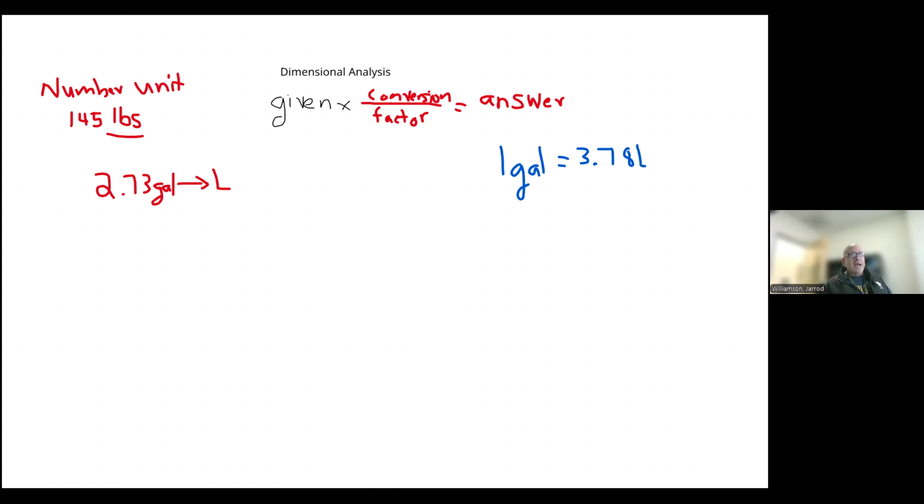This means exactly, and this is 3 sig figs. Three sig figs.